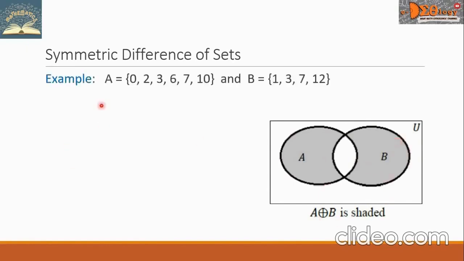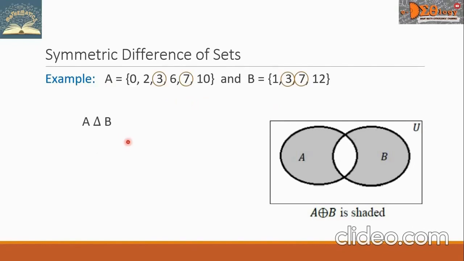Let's see this example. Let set A equal 0, 2, 3, 6, 7, and 10, and set B equal the elements 1, 3, 7, and 12. Let us now get the symmetric difference. So we have A delta B, or we can write A XOR B. Let us observe that the two sets A and B have two common elements, and those are 3 and 7 respectively.